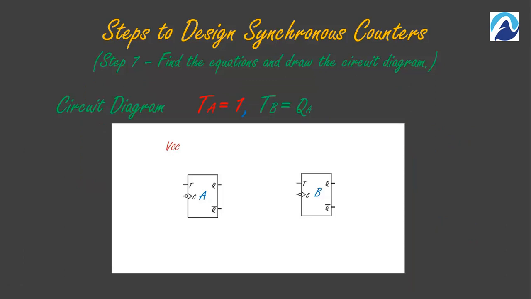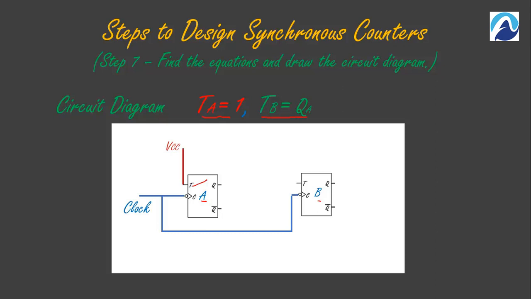We have these two Boolean equations, TA is equal to 1 and TB is equal to QA. We are going to consider two flip-flops, flip-flop A and flip-flop B. Both flip-flops are T flip-flops and negative edge trigger flip-flops. I'm going to design a synchronous counter, which means the clock of each flip-flop is common. Now if TA is 1, it means the input of flip-flop A, which is this T, always needs to be connected with the VCC.